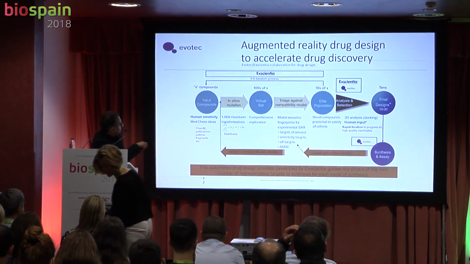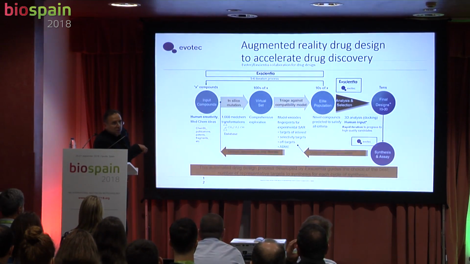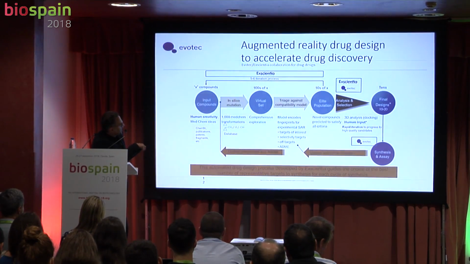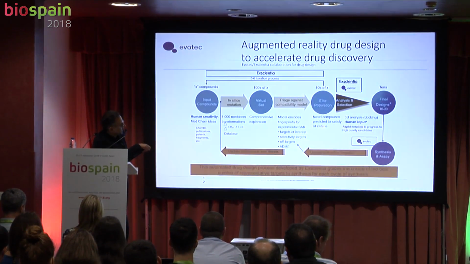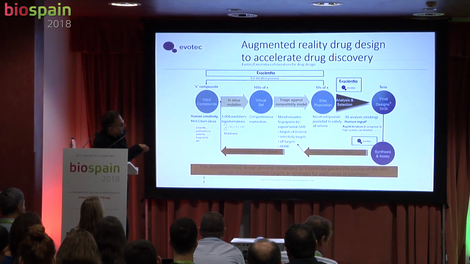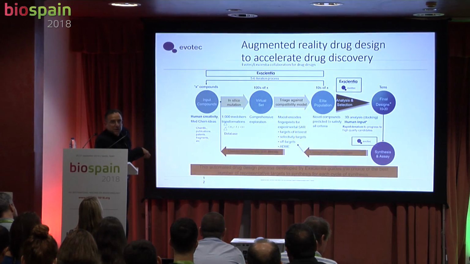The machine itself does in silico mutation on the molecules, and then it generates a set of hundreds of compounds. This is again applied against a set of structural activity relationship data, like the targets, of course, the selectivity on the target, off-target toxicity, ADME, PK properties, bioavailability data, and so forth.